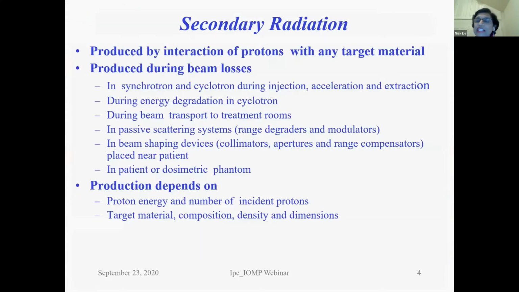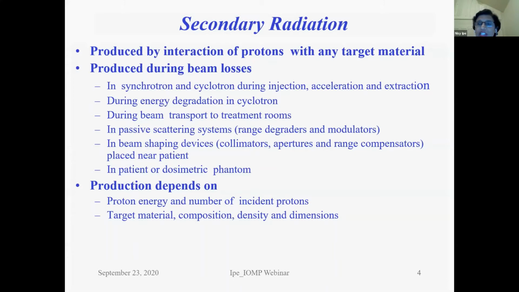So secondary radiation is produced by the interaction of protons with any target material in its path, and it's produced during beam losses which occur either in the synchrotron and cyclotron, during the injection process, acceleration and extraction, during energy degradation in the cyclotron, as the beam is transported to the treatment rooms, in the various passive scattering systems, in beam shaping devices that are placed near the patient, and in the patient or dosimetric phantom.